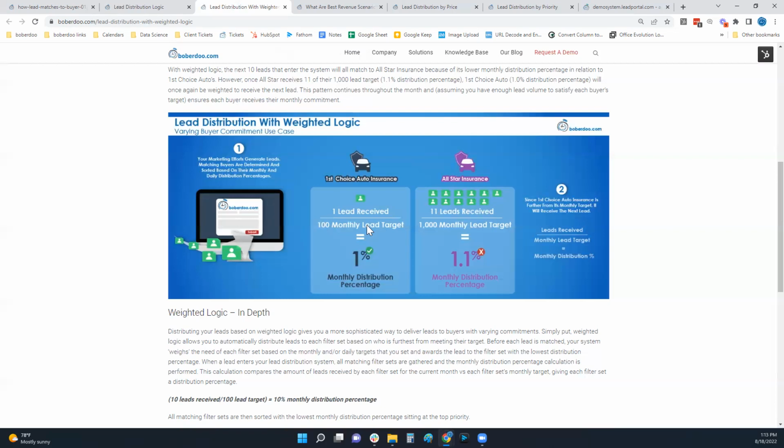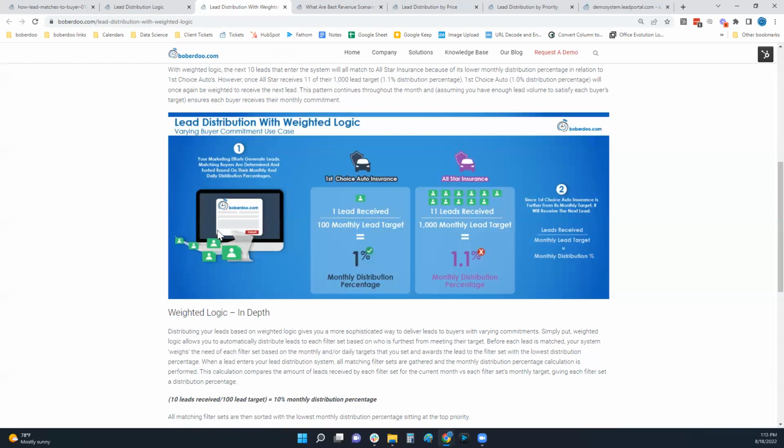Conversely, if you put them on a round robin, both at priority of 5, it would go 100 lead buyer, 1,000 lead buyer, 100 lead buyer, 1,000 lead buyer in a round robin until the 100 leads was met, and then this partner would receive their other 900 leads in a row.